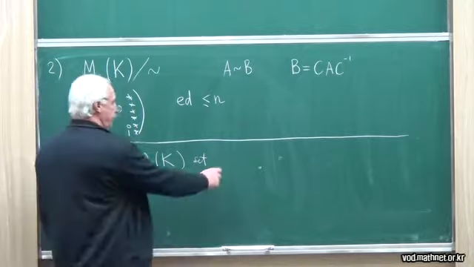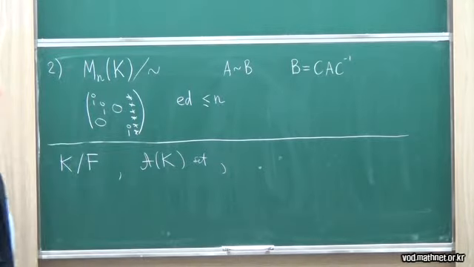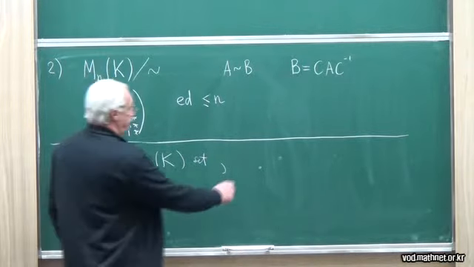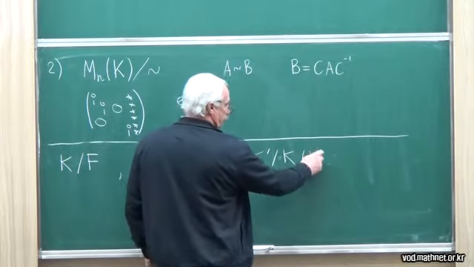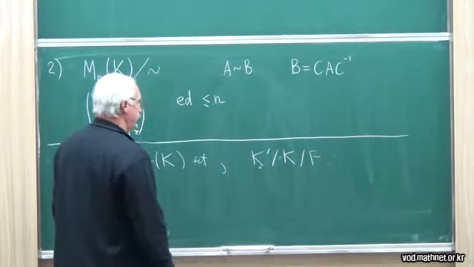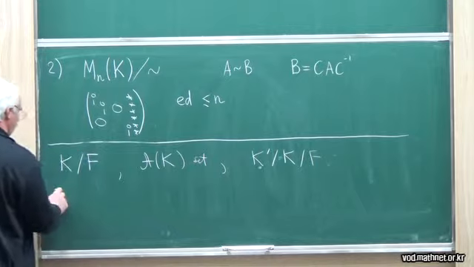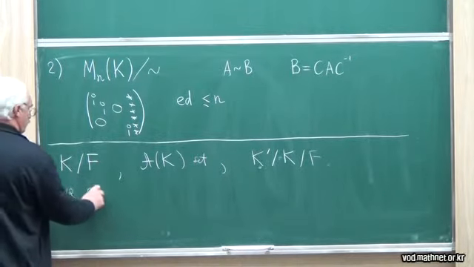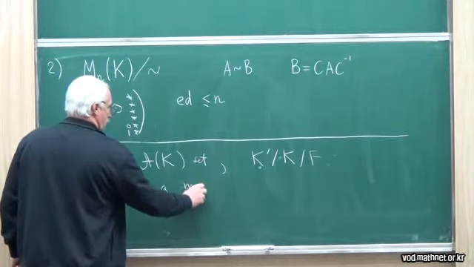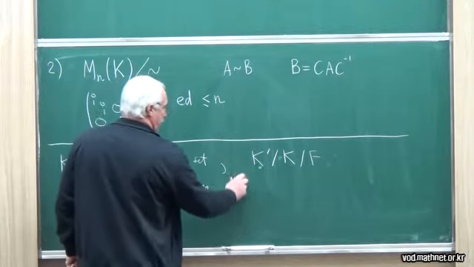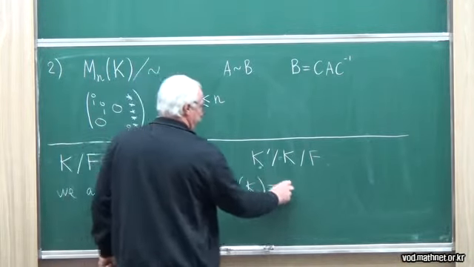And we have a field extension operation. If you have a larger field K prime over K, still an extension over F, we are given a map from A of K to A of K prime.